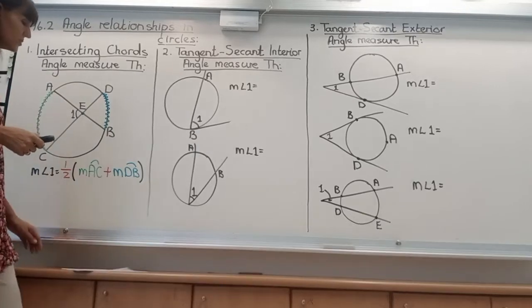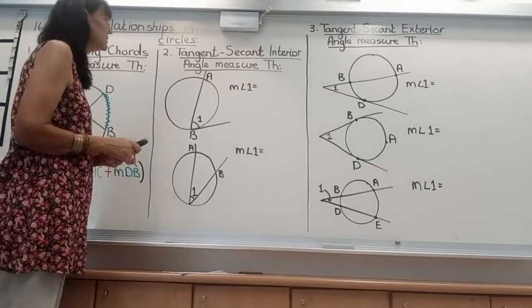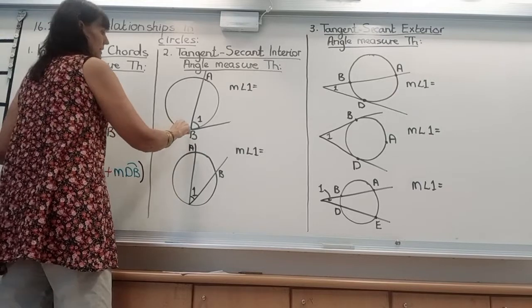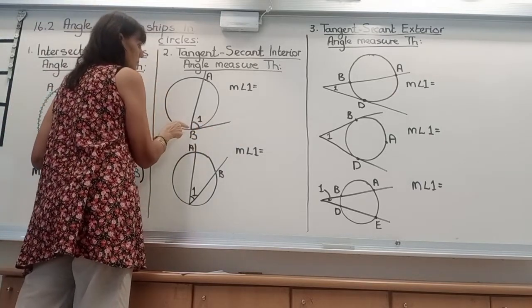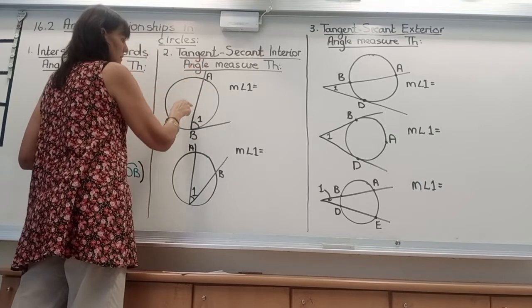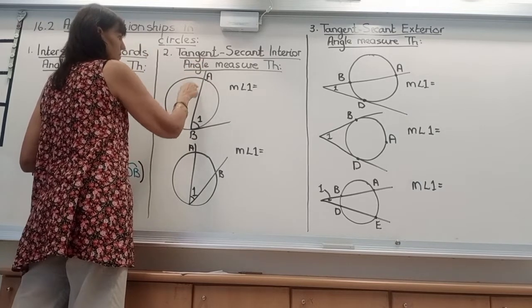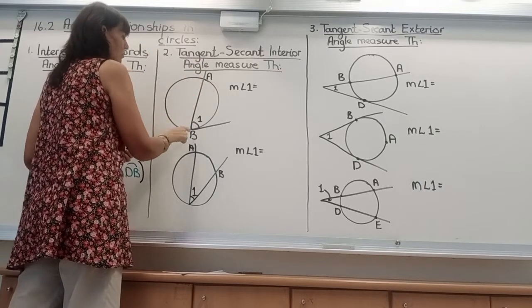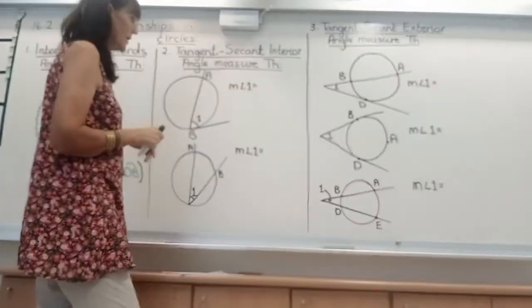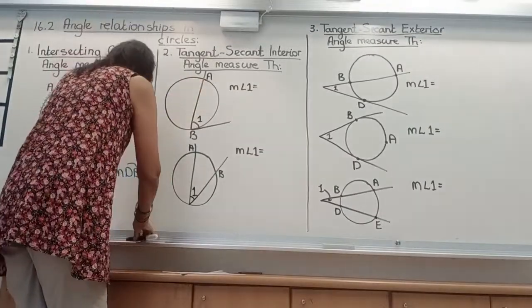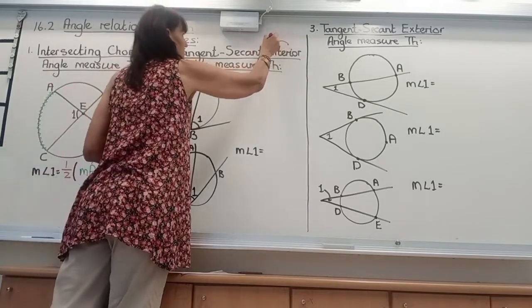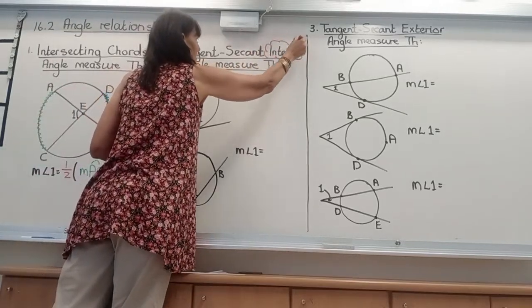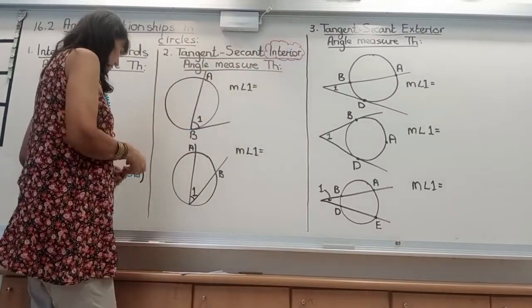Next, the tangent secant interior angle measurement. Here we have a tangent. It's only touching the circle. We have a secant. It's going right through the circle. And I want to calculate angle 1. It's the interior one, so my angles must be in my circle. Interior angle measure theorem.